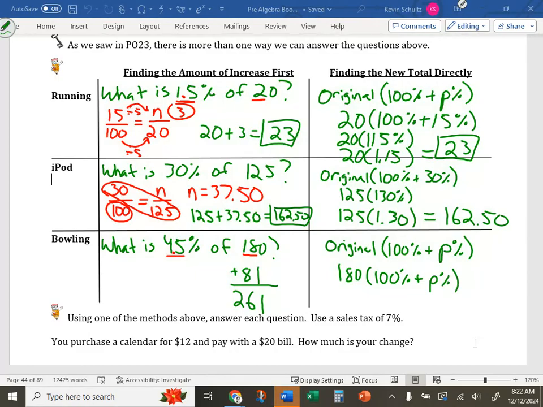You want to increase it by 45%, so now you have 180 times 145%, which in your calculator is 180 times 1.45. Convert that 145% to a decimal, okay? And that gives you 261 directly. So 261 is the final answer.